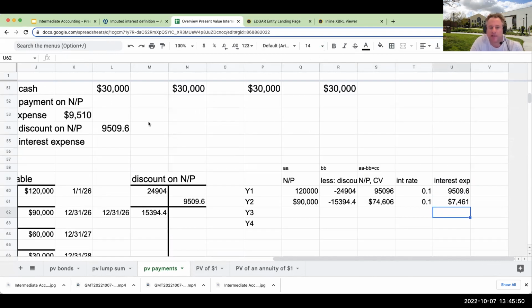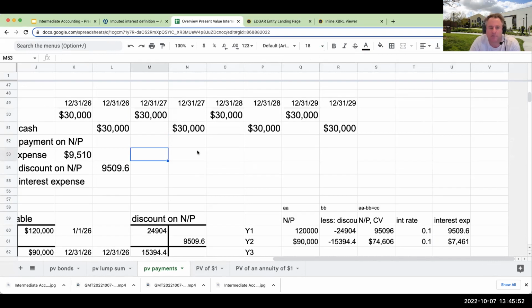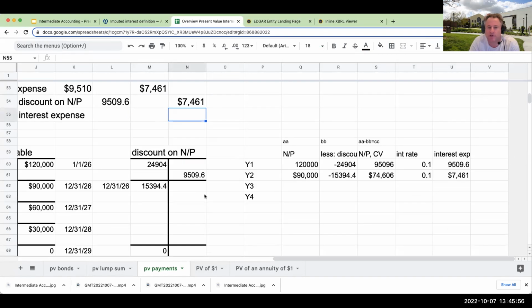My interest expense is now going to be $7,461, which is also the amount that I'm going to be amortizing my discount by. So at the end of the second year, this is now going to have a balance on 12/31/27 of $7,934.